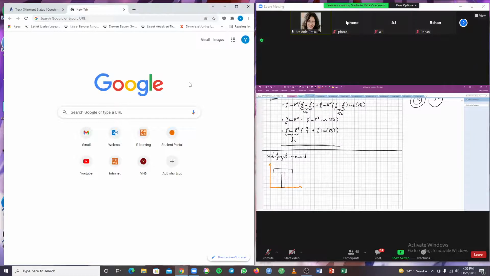This coordinate system doesn't correspond to our main axis, since it doesn't pass through the center of gravity.